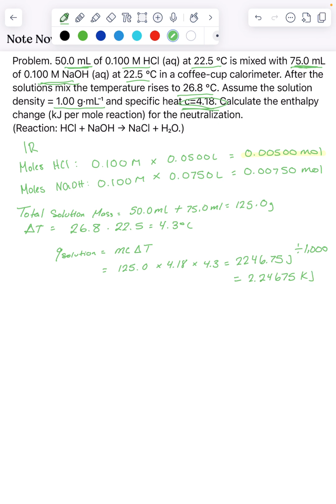Okay, and because the solution is warmed, the temperature was raised, heat was released by the reaction, so that means that it's going to be negative 2.24675.